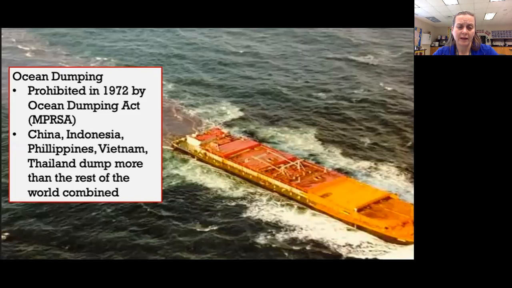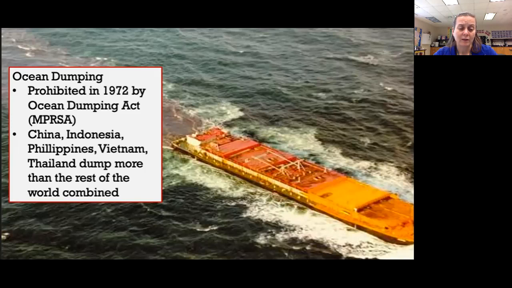And this act went into place in 1972 because in 1968, the US reported dumping 38 million tons of dredged material, 4.5 million tons of industrial wastes, 4.5 million tons of sewage sludge, and 500,000 tons of construction and demolition debris.